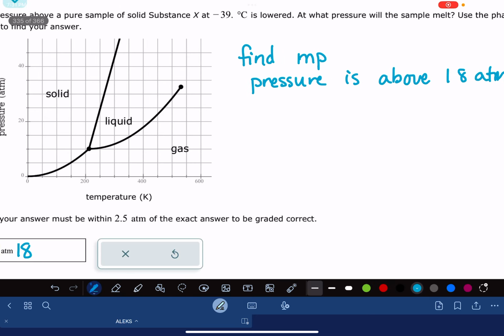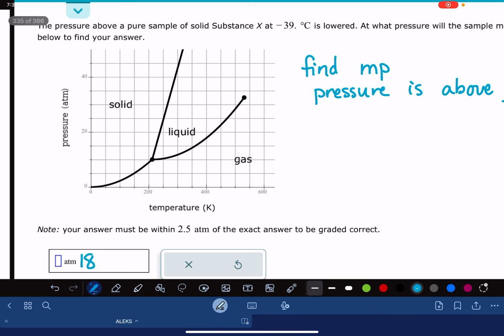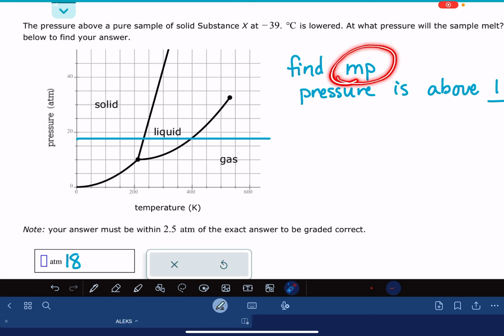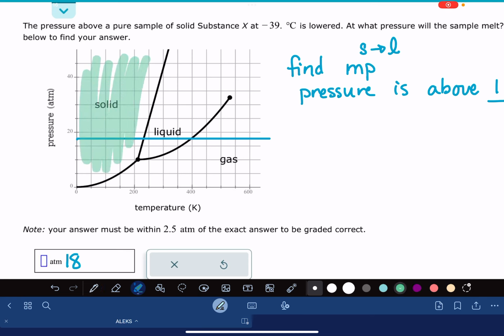Since I've been given a pressure to start with, I want to find that pressure on the pressure axis, and I want to draw a horizontal line to denote that pressure. And then I want to think about the phase change, melting. That means that I am going from a solid to a liquid. Same thing as before. So again, I'm moving from the solid area into the liquid area along this horizontal line.